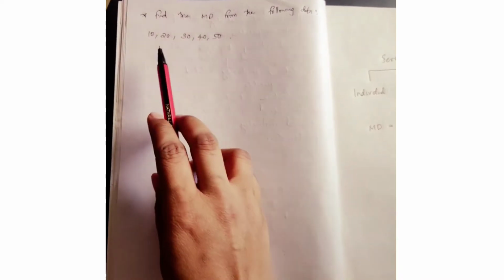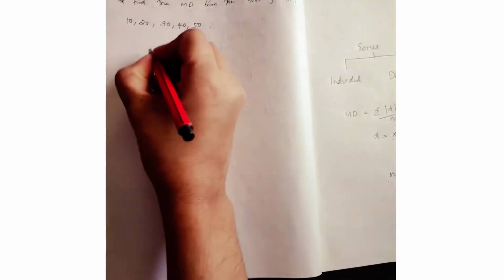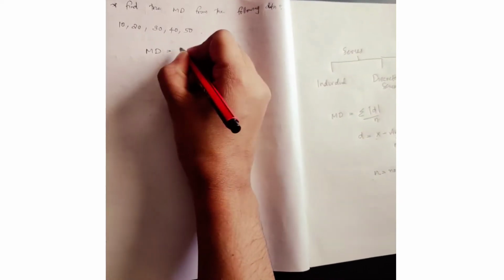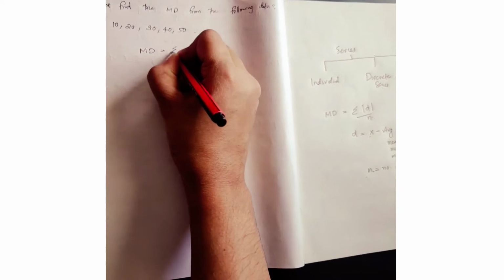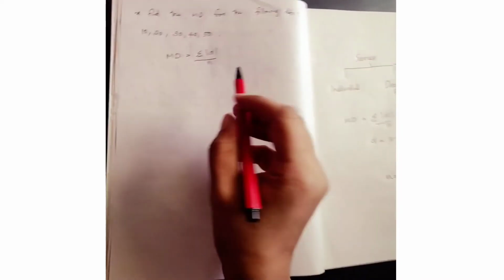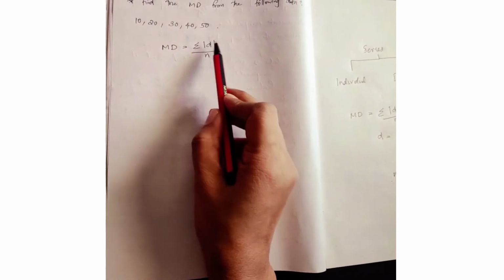Now we can discuss a question relating to mean deviation. When you go through this series, you can find that it is an individual series. We have already discussed that we can calculate individual series by the equation sigma modulus d by n. Now we should calculate modulus d.